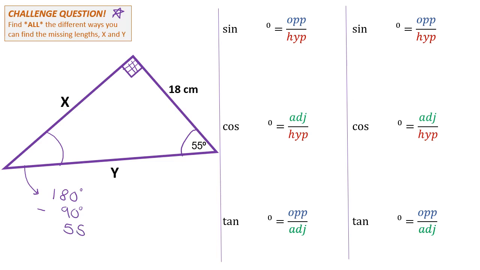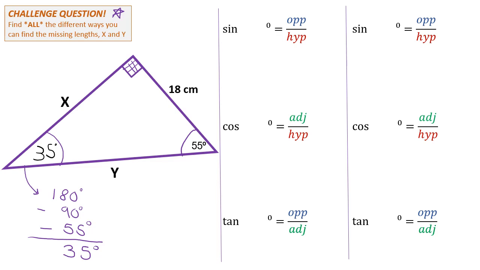So I'm going to take 180 minus 90 minus 55, and that is going to give us that missing angle right here of 35 degrees. Oops, sorry, I don't know why that won't write. There we go, 35 degrees.